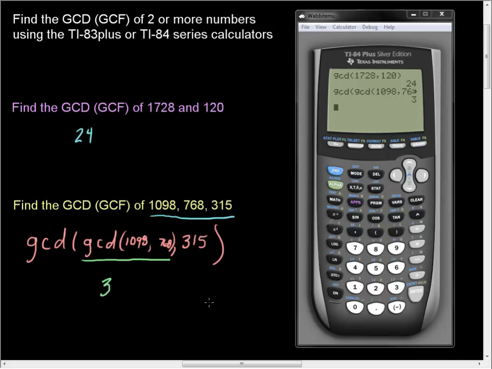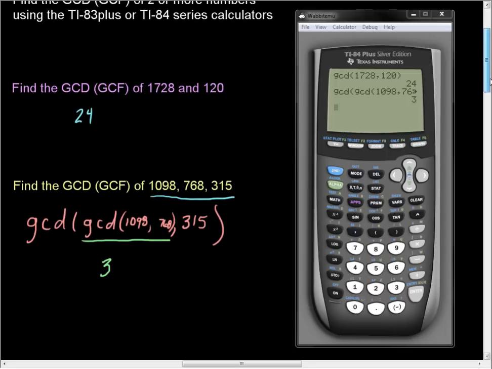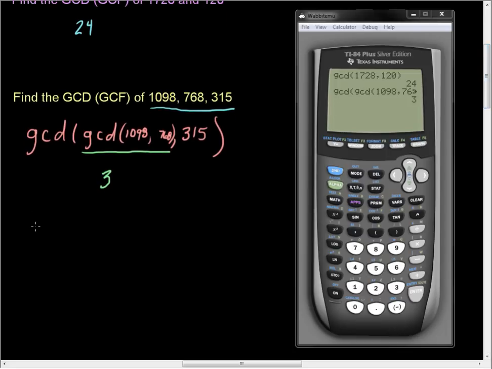Okay, well that's not so bad. A different way of doing this, one that might be a little more intuitive with the calculator if you've ever used it, is to simply use the answer in a recursive format. What I'm going to do is find the greatest common divisor of 1098 and 768, and I'll get some kind of answer.